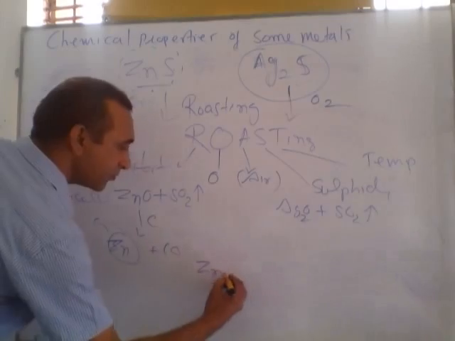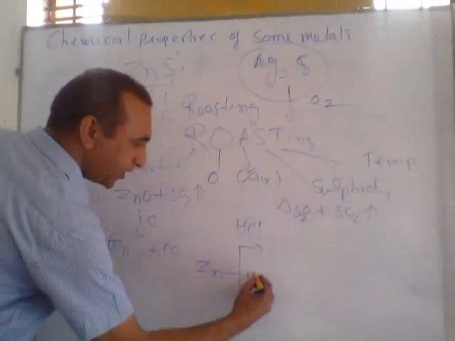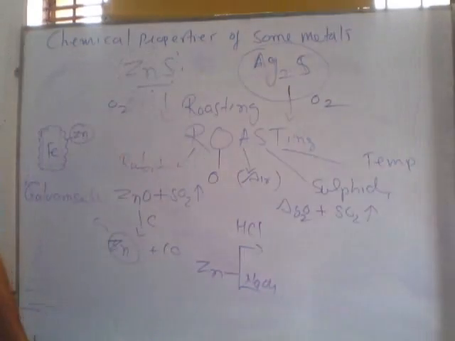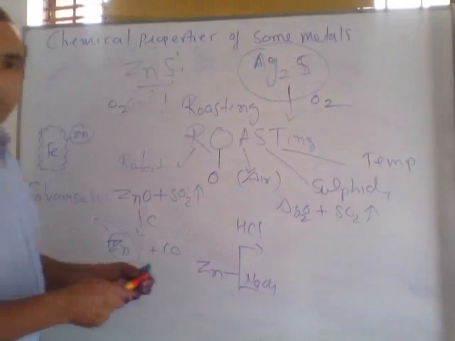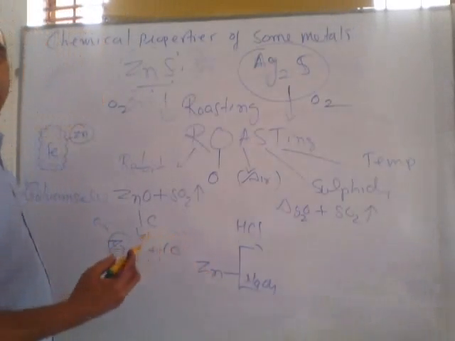Zinc is a very important metal. Zinc can react with both acid as well as base. The property of any metal of reacting with acid and base is called amphoteric property, and this metal is called an amphoteric metal.